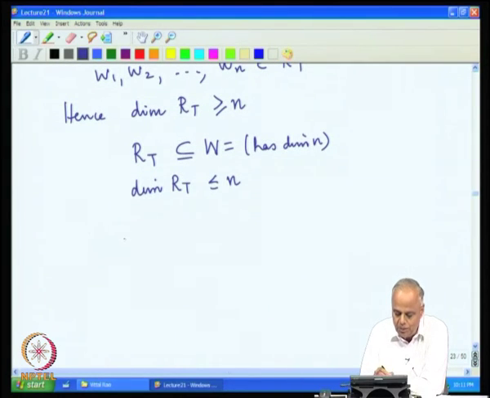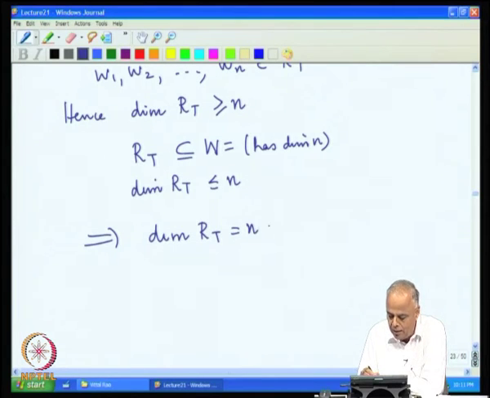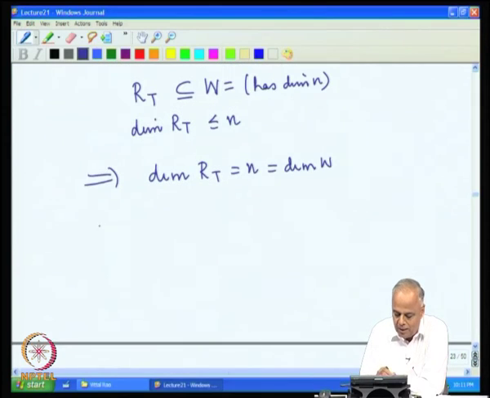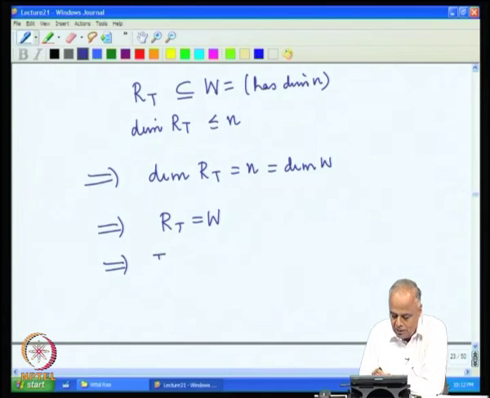So, comparing these two, we get dimension of range of T must be exactly equal to n, which is equal to the dimension of W. But if the range of T is a subspace of dimension n in an n dimensional space, it implies range of T must be exactly equal to W, which says T is onto. Hence, T is an isomorphism.